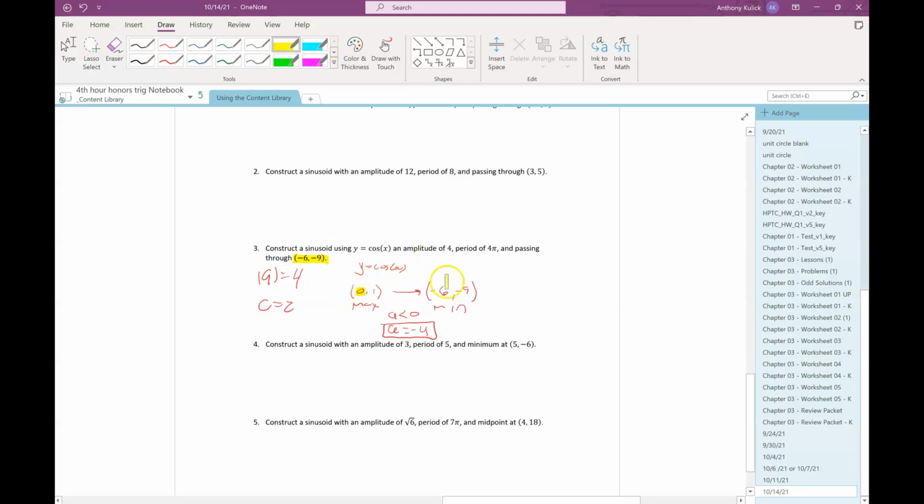Because the x-coordinate on the parent function is 0, the x-coordinate from our transformed function is h. But since the y-coordinate in our parent function is not 0, we're going to have to solve for k. So to solve for k, I'm going to say a times the y from the parent function plus k needs to give us the y from our transformed function. So that's negative 4 times 1 plus k is equal to negative 6.